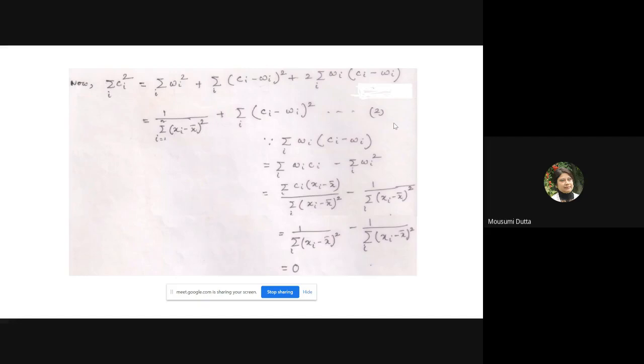The second term we are keeping as it is. For the third term we are checking what will happen to this product. This product is summation Wi Ci minus summation Wi square. Then I am putting the value of Wi, which is xi minus x bar divided by summation xi minus x bar whole square. We already proved summation Wi square is equal to 1 upon summation xi minus x bar whole square.